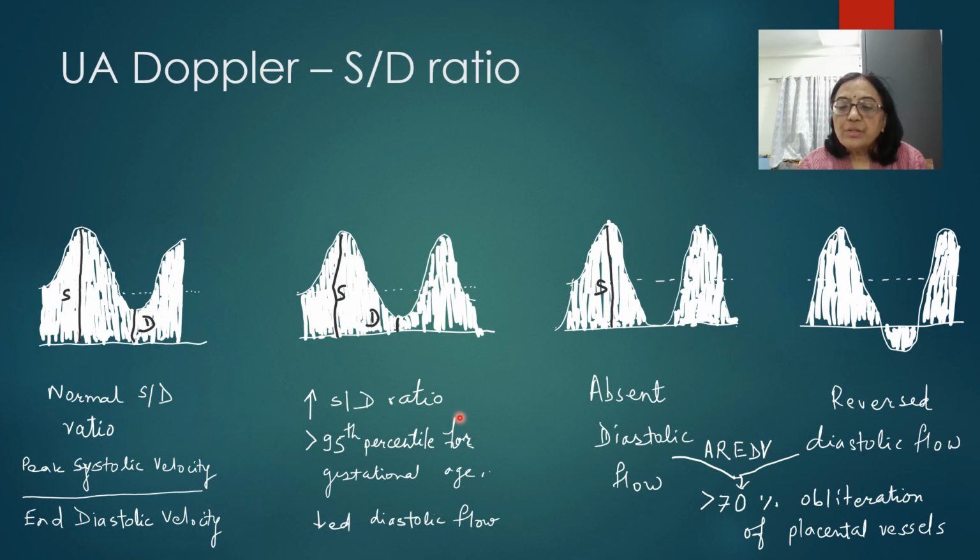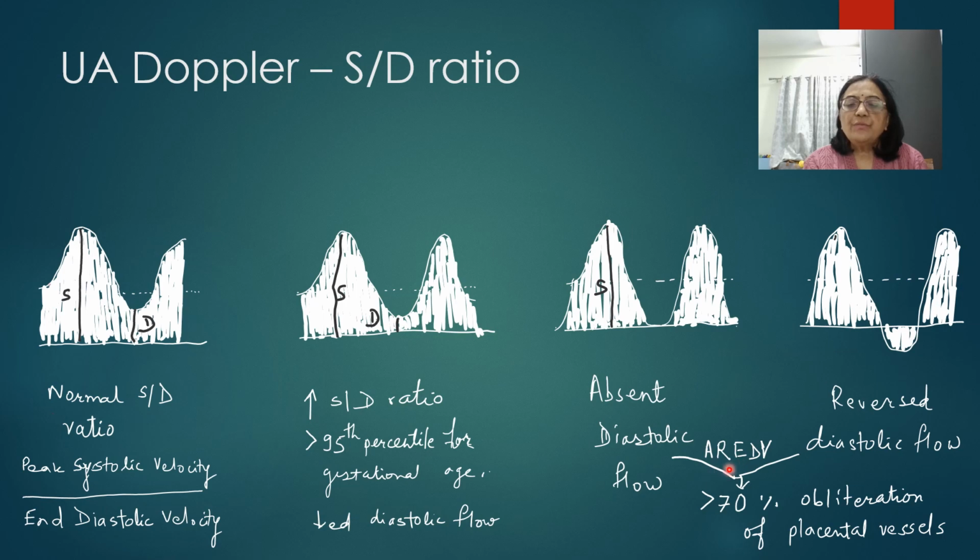Further deterioration, suppose it happens in the placental resistance, it is increasing more and more. What will happen is there will be absence of diastolic flow, absent diastolic flow. And the worst scenario is where there will be a reversal of the flow, reverse diastolic flow.